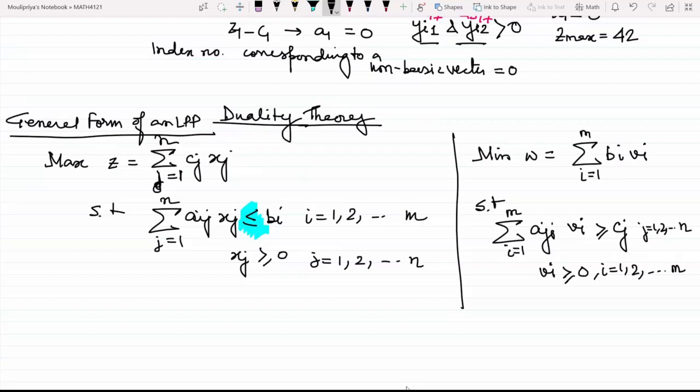That implies profit in somebody's respect is loss in the other player's respect.